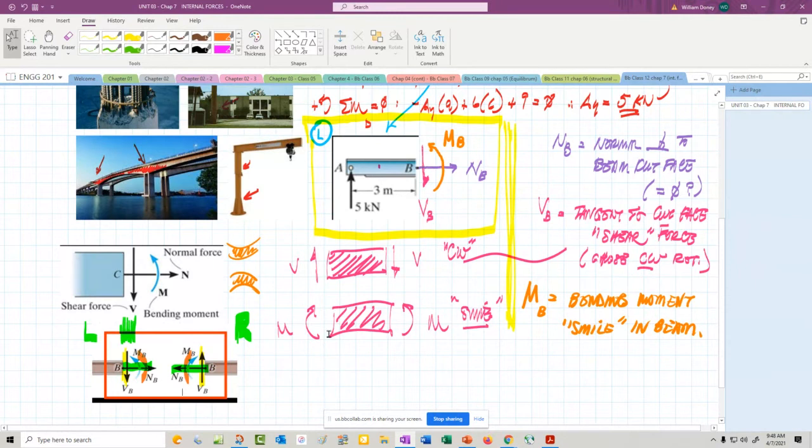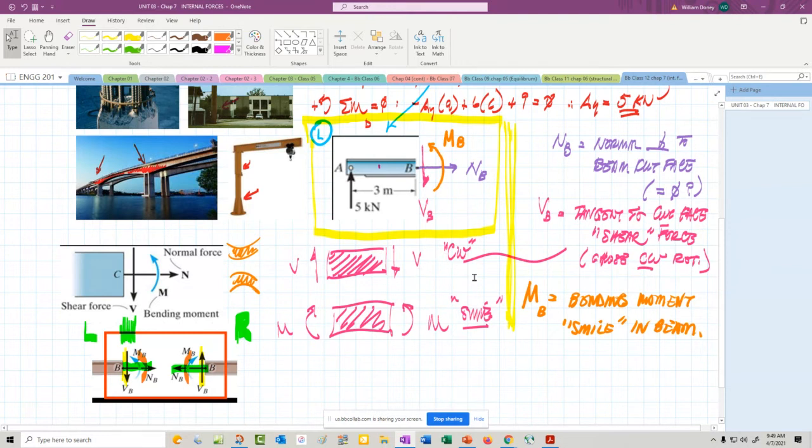And that really is the whole part here on internal forces. We're going to make a free body diagram, find support reactions, make a cut at the appropriate point of interest, and depending on which face we use, we then sum forces and sum moments.